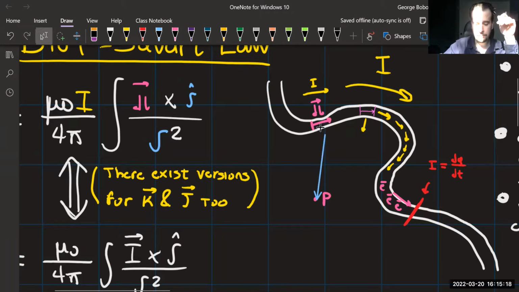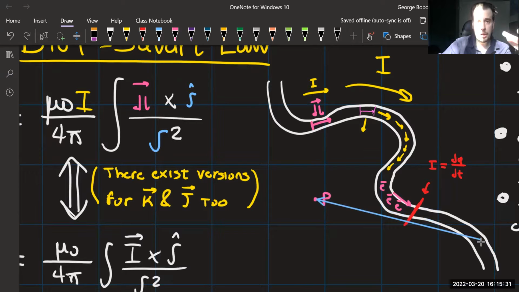That's what you do. And as the integral moves along, you basically have the r vector do this. As you integrate around the wire, you consider all the dLs that make up the wire and their respective magnetic field that they contribute. That's how you do the integration. The r just moves around.